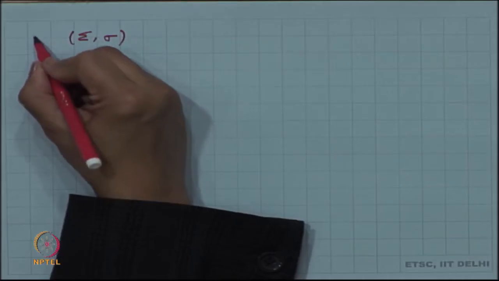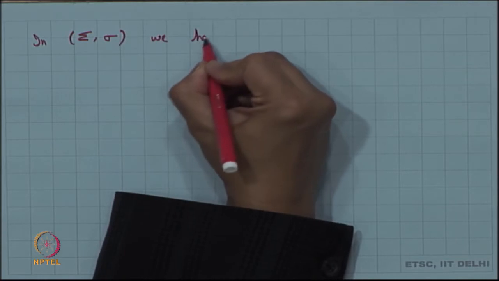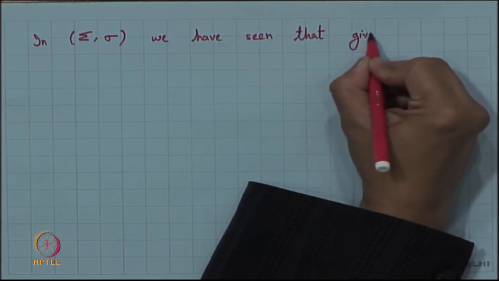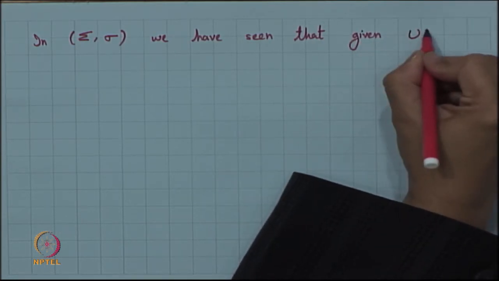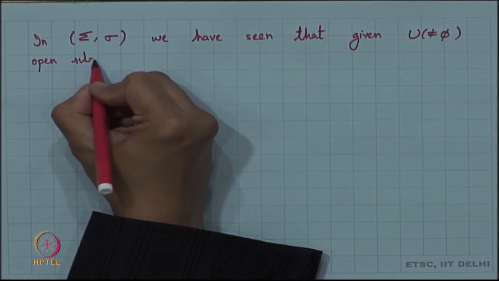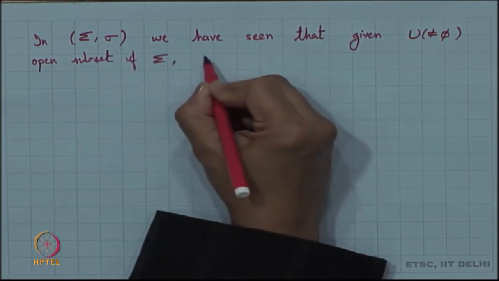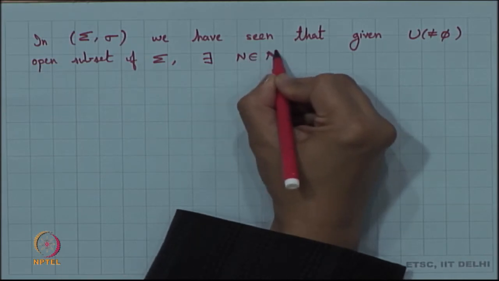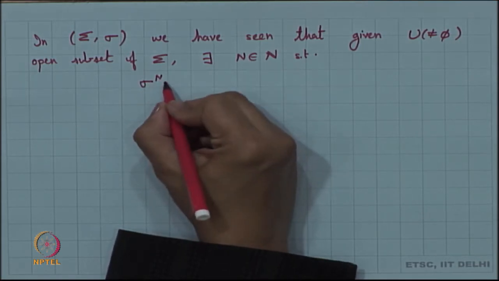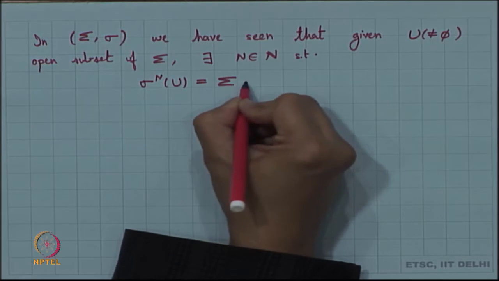We come back to our example. In our example, there exists an n in N such that sigma^n(U) itself is the whole of sigma.